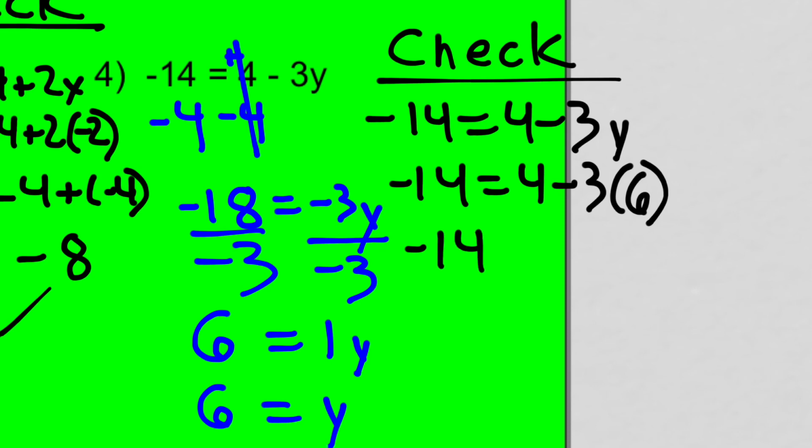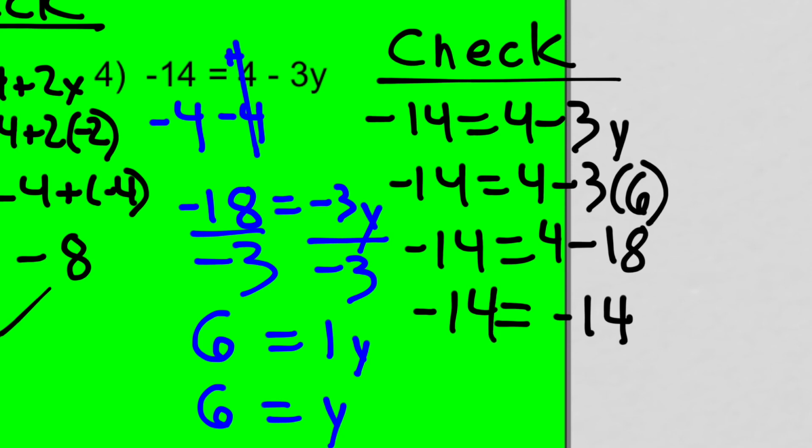Negative 14 equals 4 minus, and I do 3 times 6 is 18. And then I check it out. This is like 4 positives. This is 18 negatives. The signs are different, so I subtract. And I have 14 negatives on both sides of the equal sign. So I'm all good.